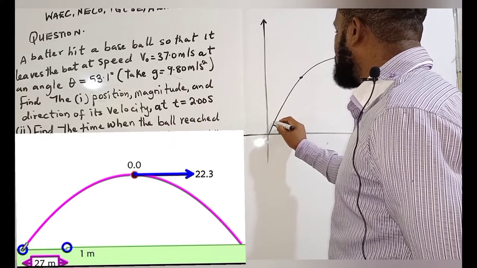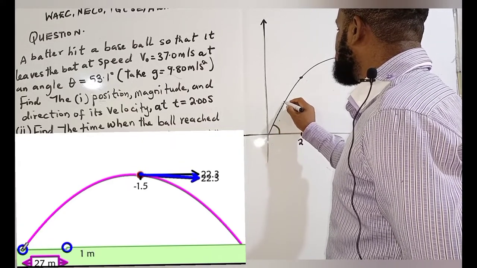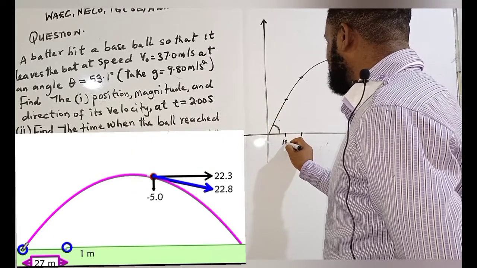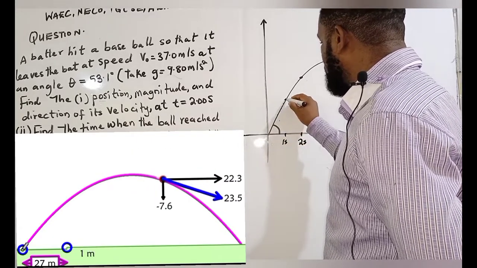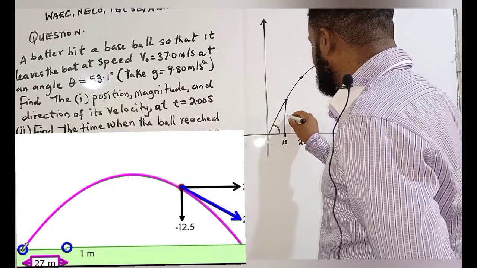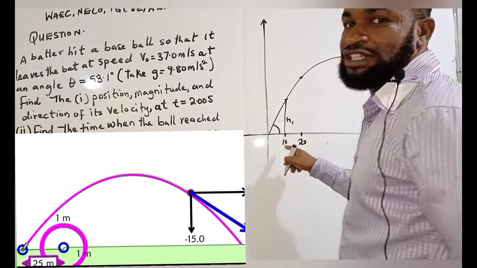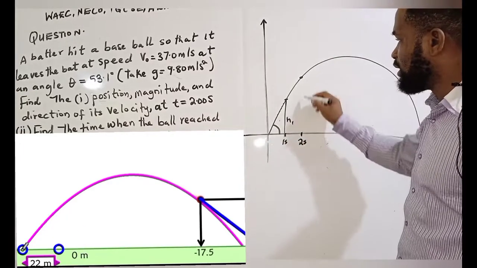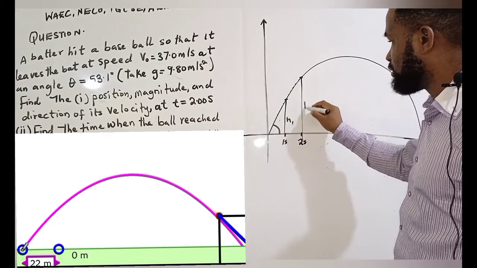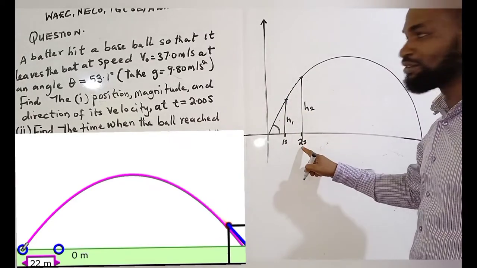Because the body was moving this way, if it is at this point, we may say it is 1 second. This is 1 second at this height. You can see the height is not that much. Then it goes to this place, H2, that is after 2 seconds.